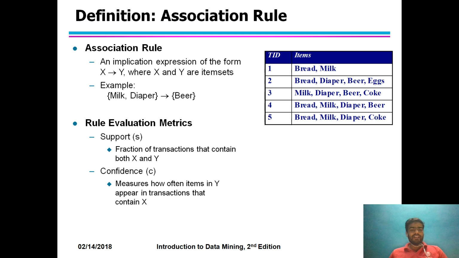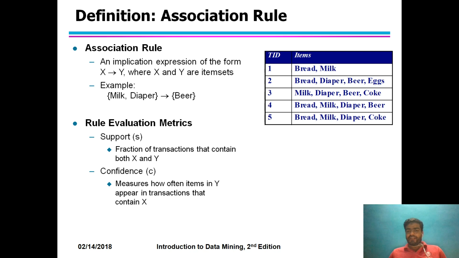Then confidence measures how often item Y appears in the transactions that contain X. So how many times does beer appear in a transaction which contains milk and diaper? That is nothing but the confidence.